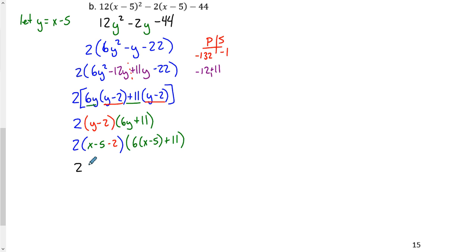My 2 is just going to keep on coming down. Let's simplify what we can. X minus 5 minus 2 is an x subtract 7. Here, we have a 6x minus 30, add 11. And last but not least, our negative 30, add 11. This is subtract 19.